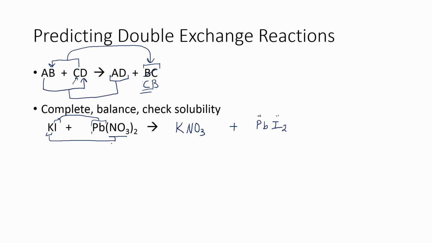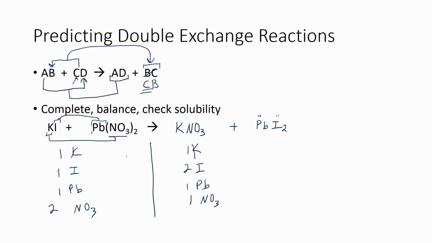Now we have to balance the overall reaction. Potassium, 1 on each side. We have 1 iodide, 2 iodide ions, 1 lead, and 2 nitrates, and 1 nitrate.